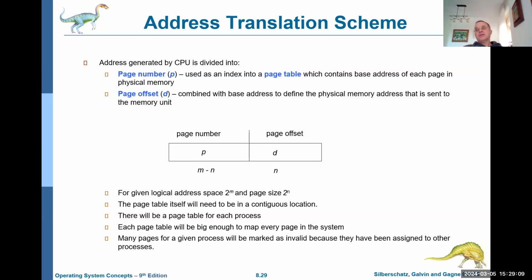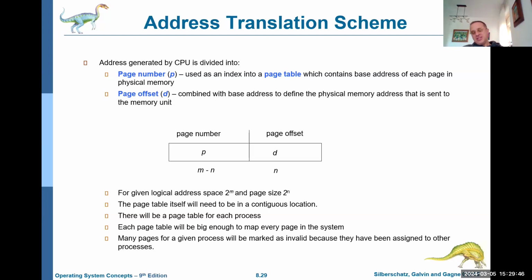Let's go with me here. If I had 16 students, how many digits would I need? 4. 32, 5. 64, 6. 128, 7. 256, 8. 512, 9. 1024, 10.